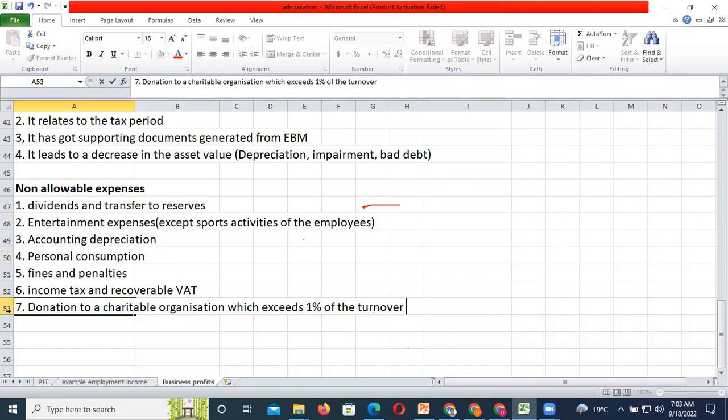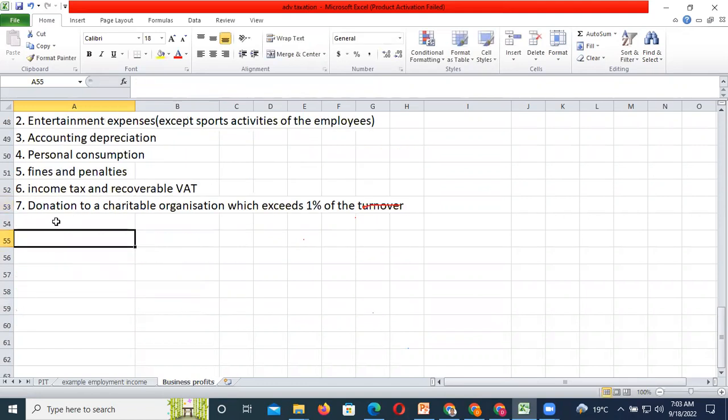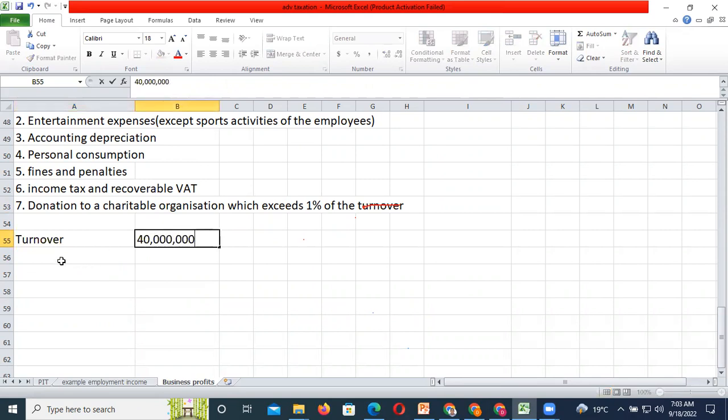I can give a simple illustration to show how to calculate this donation. Let's say our turnover is 40 million, and the entity made a donation to charity of 2 million.